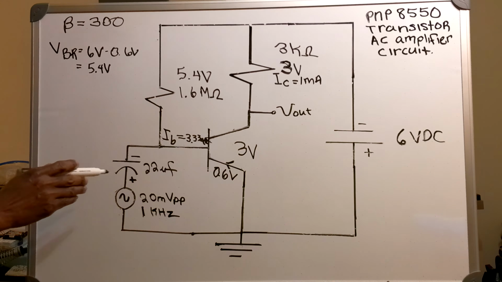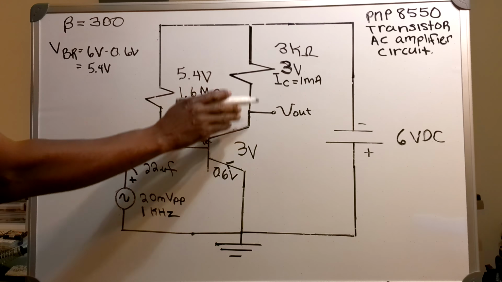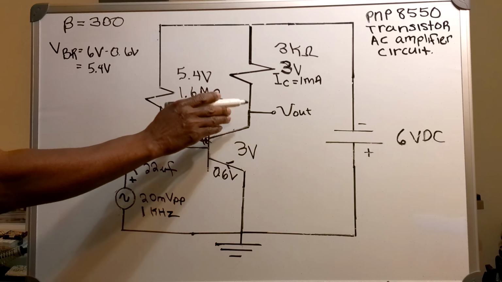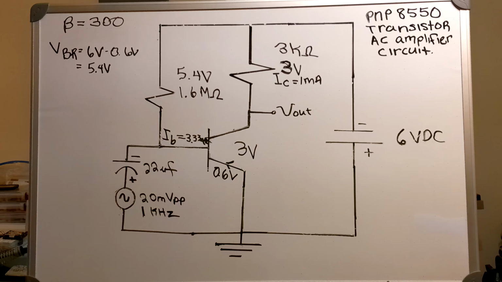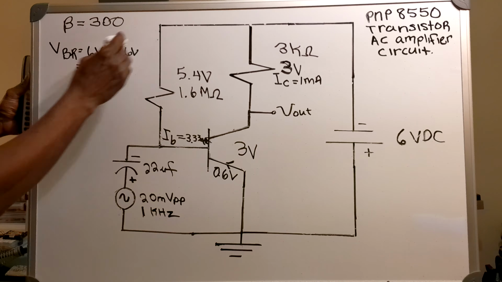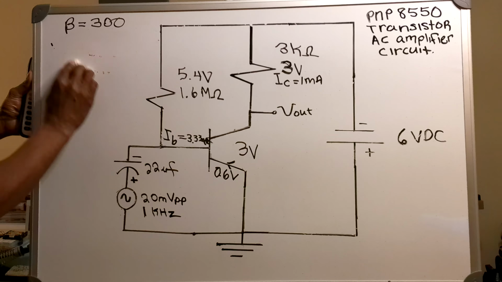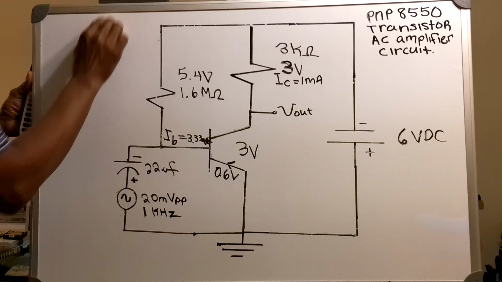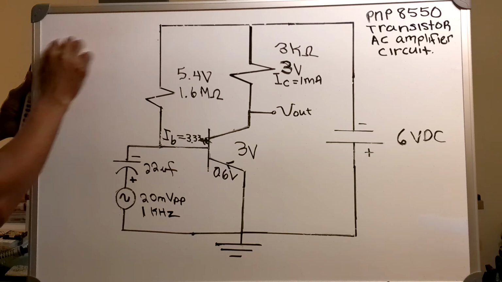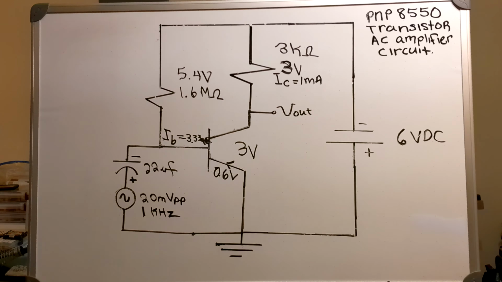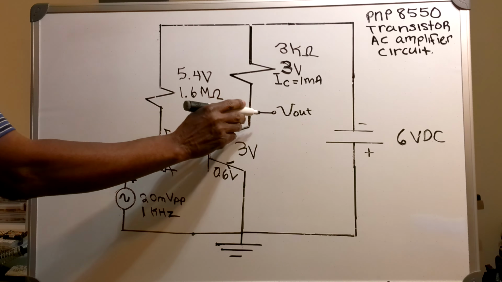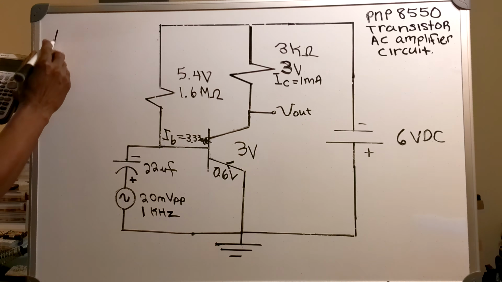So now the question becomes, exactly how do I find out what the magnitude of this signal will be? In order for me to know how big my signal will be, I need to know the voltage gain.